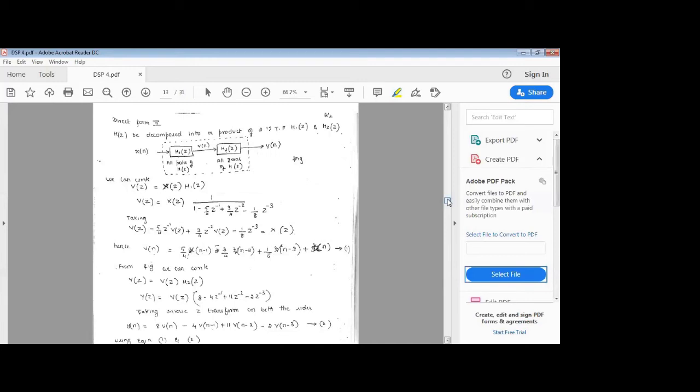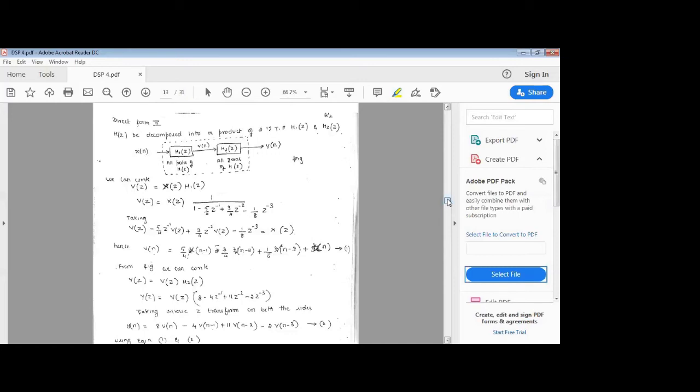We know that the poles lie in the denominator of the transfer function and the zeros are in the numerator. So when I divide my transfer function into two parts, H1 and H2 of z, I take first the poles, which means I take only the denominator part, leaving the numerator part aside.